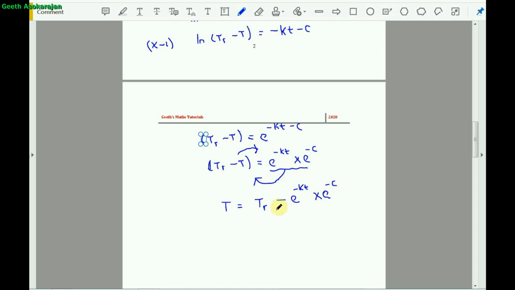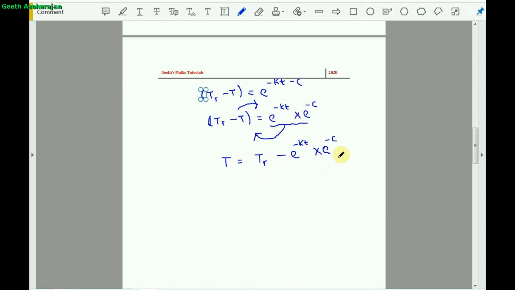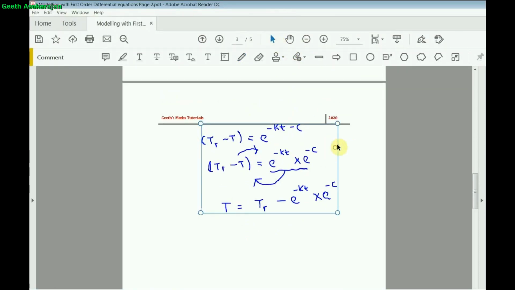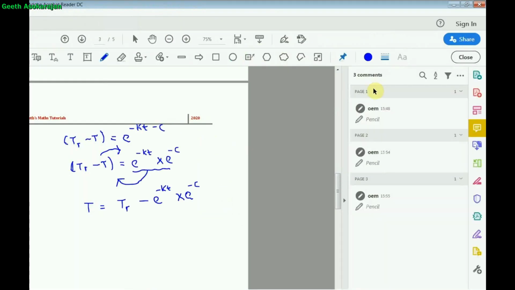And if I go one further stage, now e to the minus C is a constant as C is a constant. So if I pick up a different coloured pen, let me choose red.